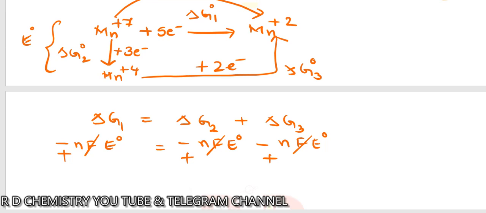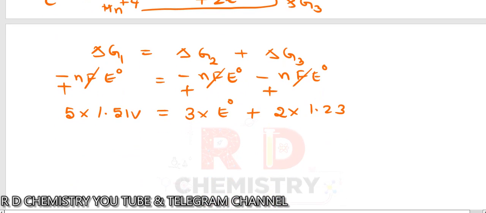For the first one, 5 moles of electrons into its E naught value. The E naught value is already given. It is 1.51 volt. This is equal to the second equation's delta G naught, 3 moles of electrons required, for which you have to calculate the E naught value, plus the third equation, the number of moles of electrons involved being 2, into its E naught value, which is 1.23 volt.